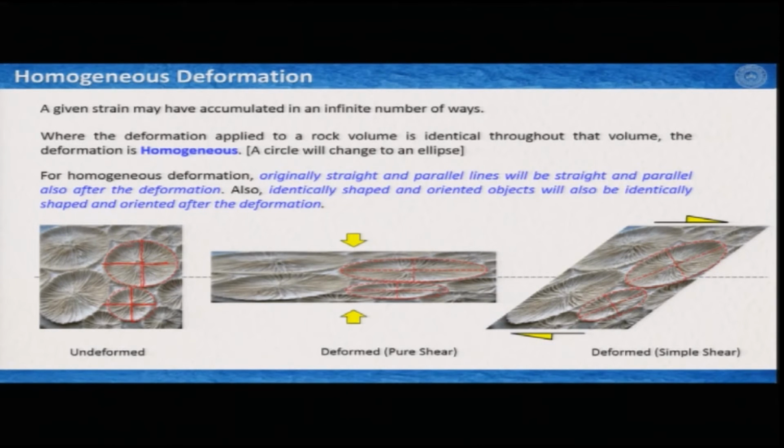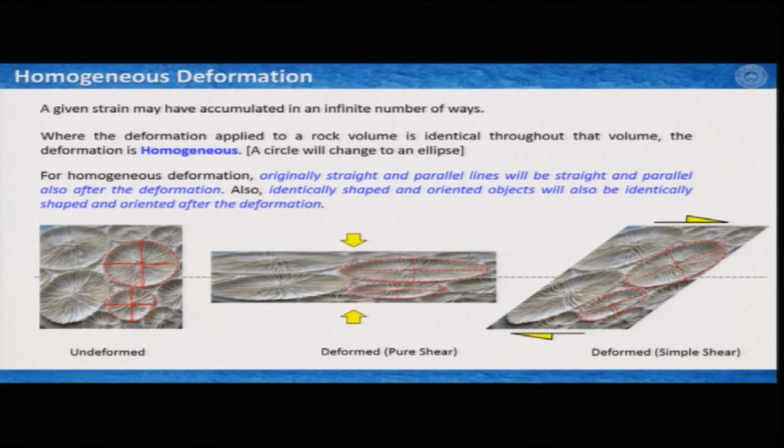Now I compressed this using a computer program, and then I see that it remained deformed, keeping the volume of this area constant. So it is a volume constant deformation, and the question is whether it is a homogeneous deformation or not.